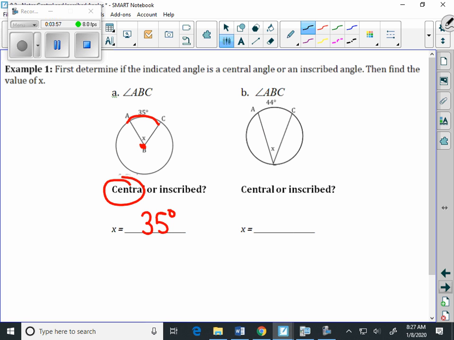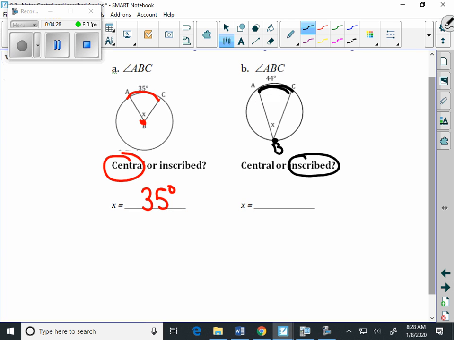Letter B, we want to find the value of x. Angle ABC is our inscribed angle. It's an inscribed angle because the vertex is on the circle. The relationship here is that arc AC is the intercepted arc, and the inscribed angle is half the measure of the intercepted arc.